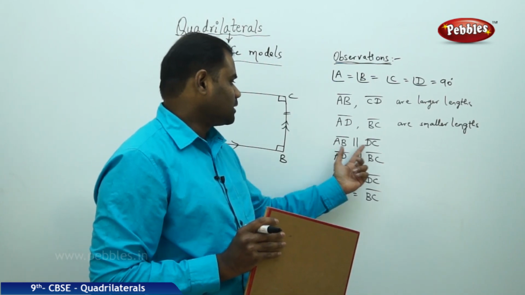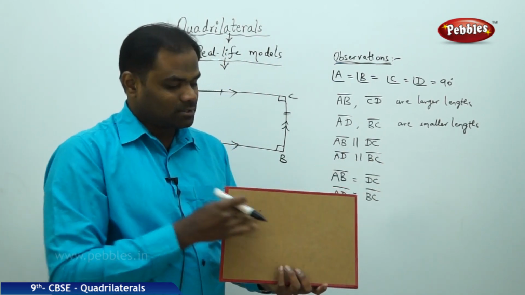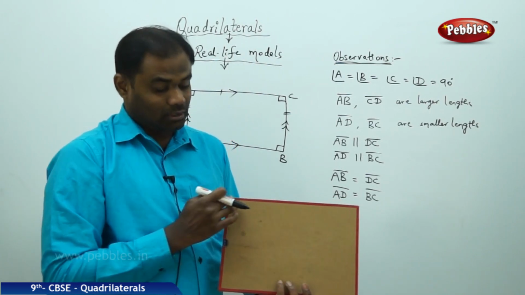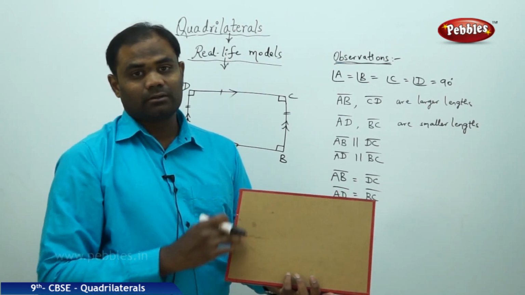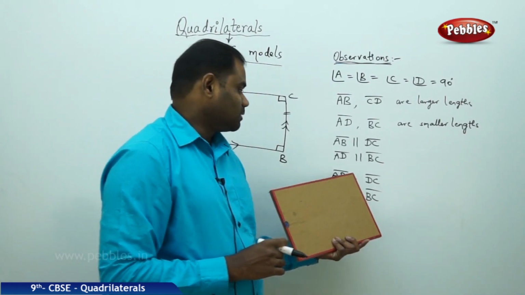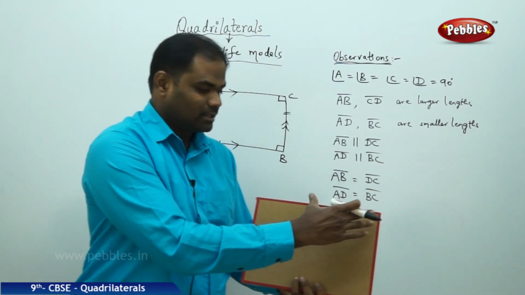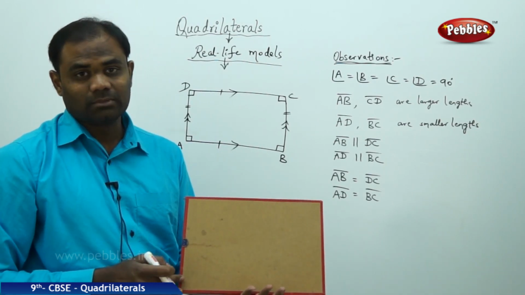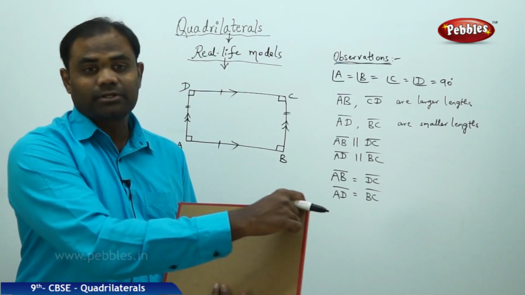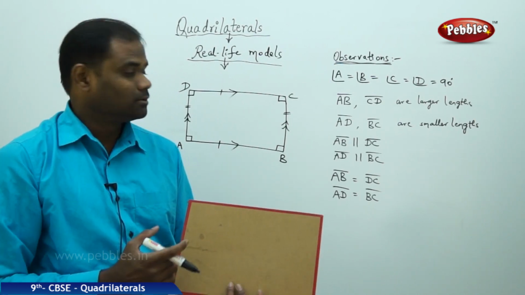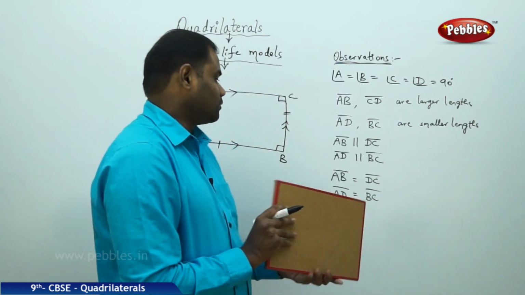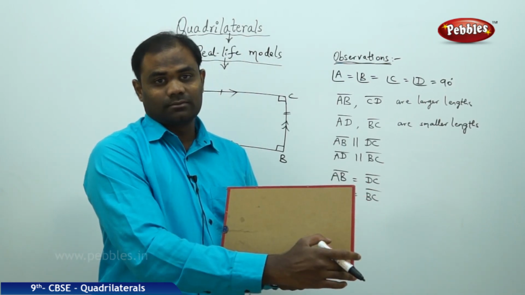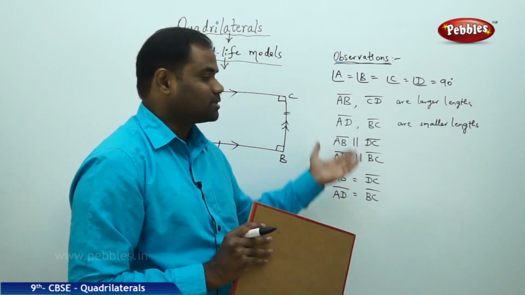Similarly, AB is parallel to DC, so this is parallel to this, with equal distances in between, and these two are also parallel. My next observation is that this length on the top is the same as this length on the bottom, as I can check through a measuring tape. They are equal. Therefore, this equals this, and this length is equal to this. So these are the geometric properties I identify.